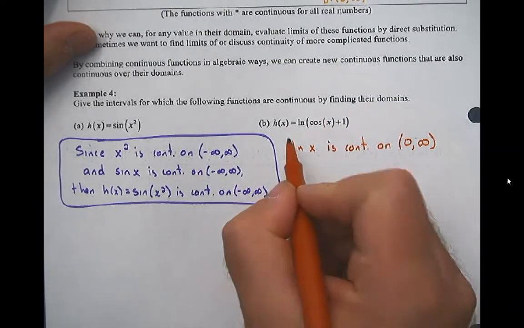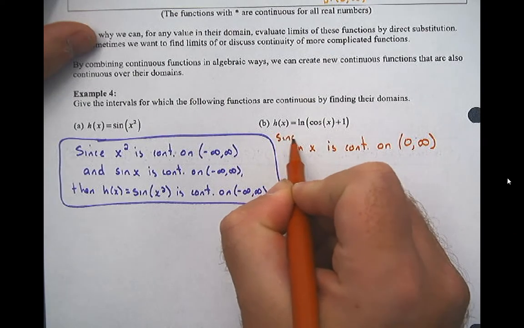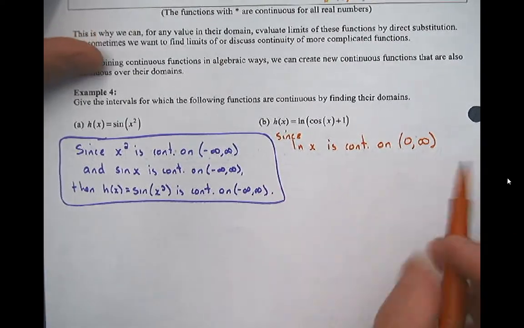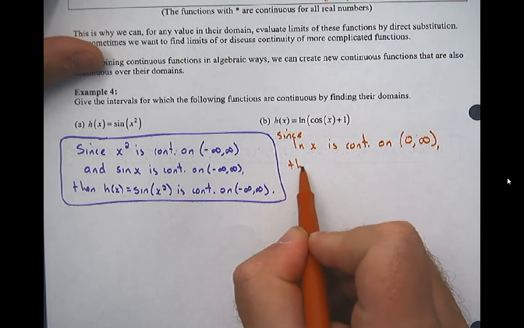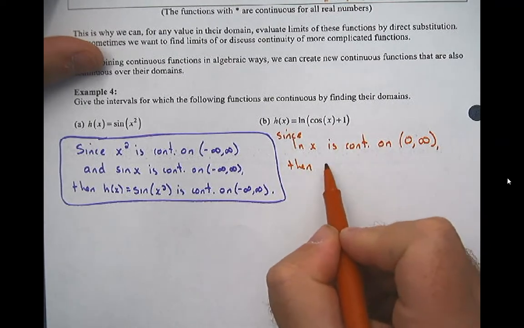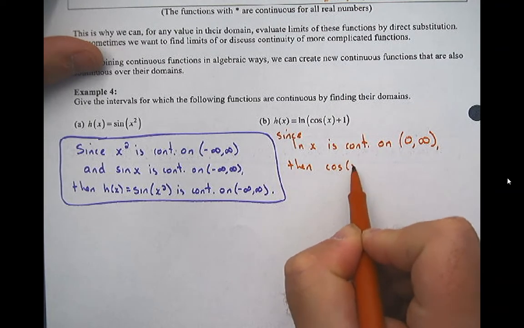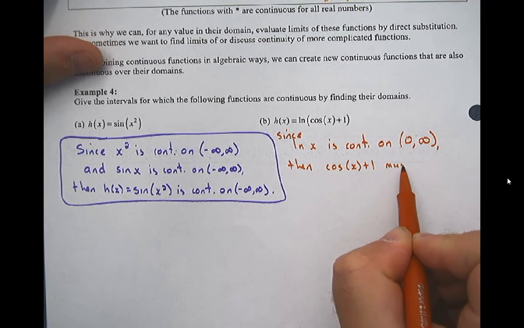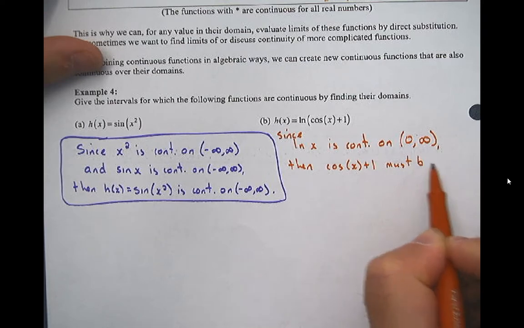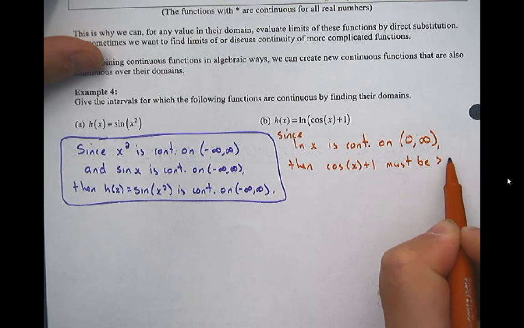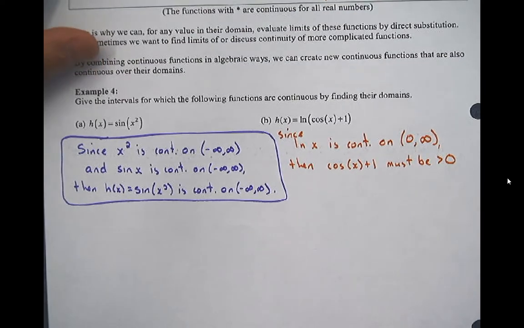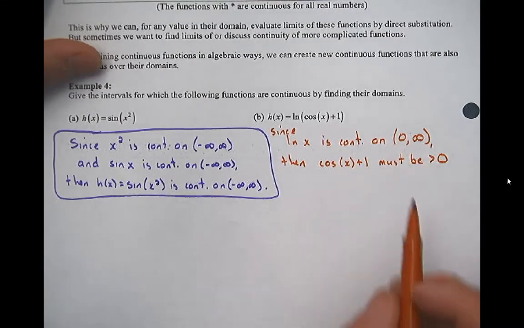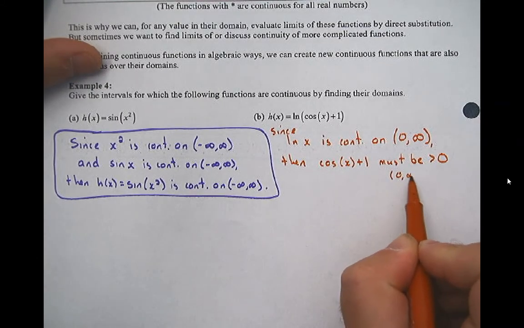Since natural log of x is continuous on 0 to infinity, then cosine of x plus 1 must be greater than 0.